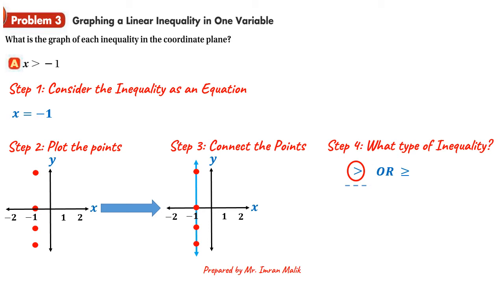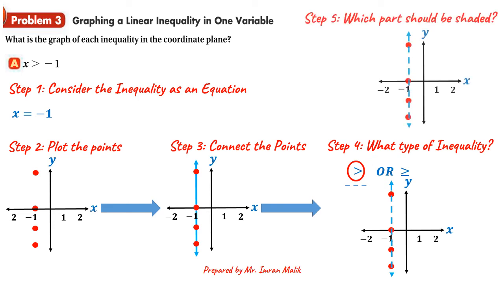So now we can bring our coordinate plane back, and instead of having a solid line, we will have a dotted line. So just remember that if you have an inequality which is more than or less than but not equal to, then you should draw a dotted line.